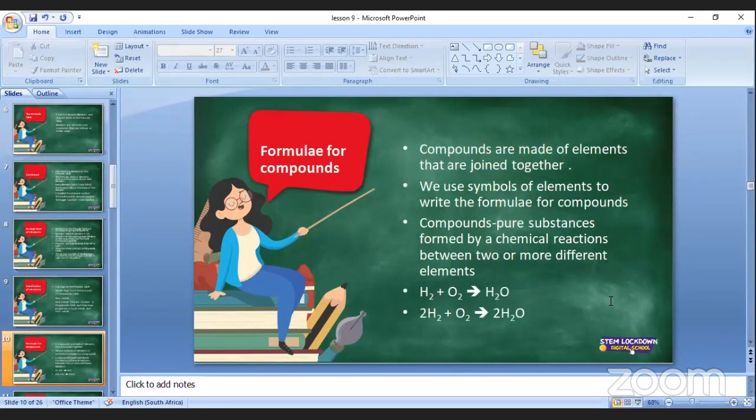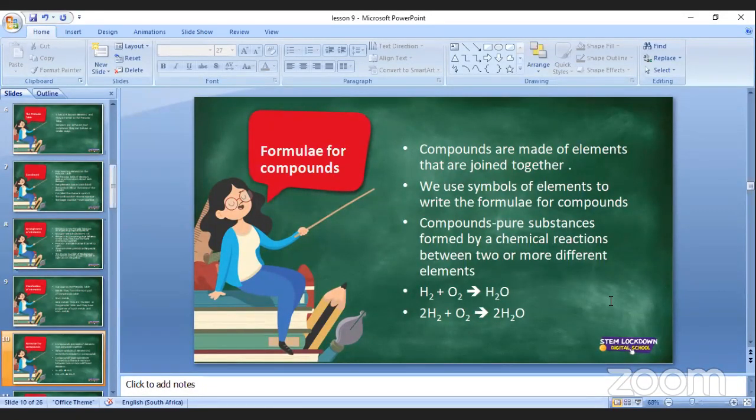So from those elements that we've spoken about that we get from the periodic table, we get compounds. Remember that element and element react together to give us a compound. Compounds are made of elements that are joined together. We use symbols of elements to write the formulae for compounds.